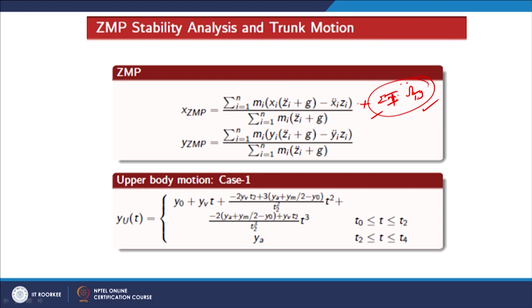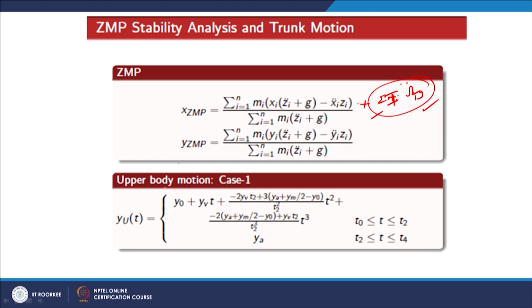So, the torque portion is not considered, and we can omit this particular portion for calculating the ZMP. Even in the previous model, we need not consider this one, because that is the most general formula where the inertia and the torque etc. are also taken into account.